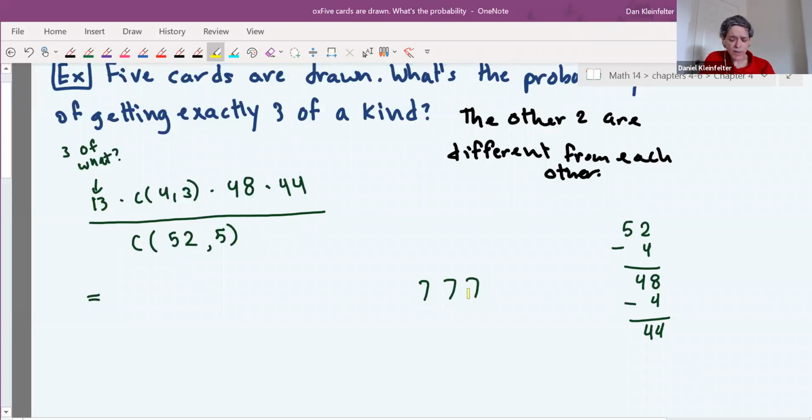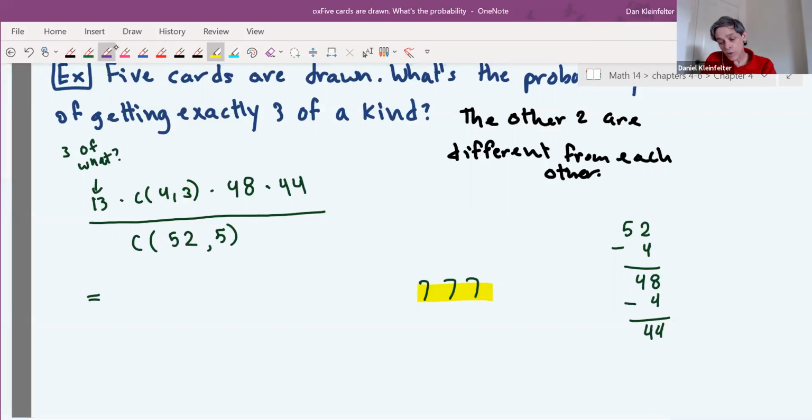I decided, just so we'd have a concrete example to look at, that it was going to be 3 7s. That means we have to decide, out of those 4 possible cards, 4 7s (hearts, spades, diamonds, clubs), which 3 will make up that triplet. That's where this C4-3 comes in. Out of the 4 7s, which 3 will be chosen?